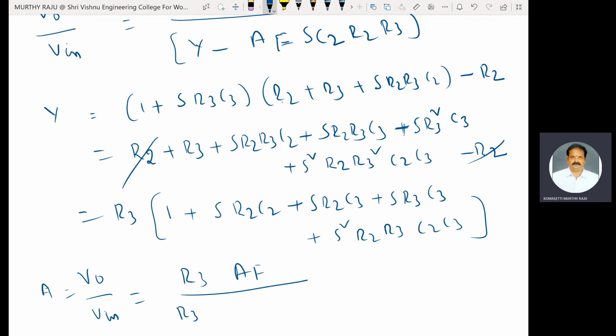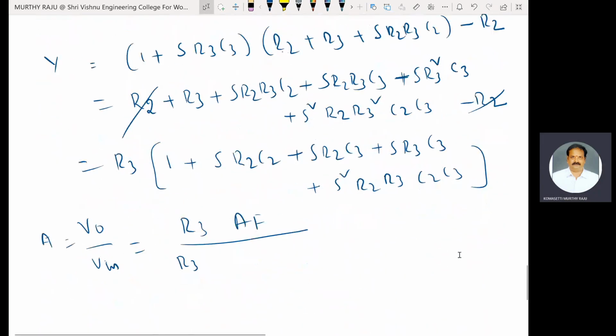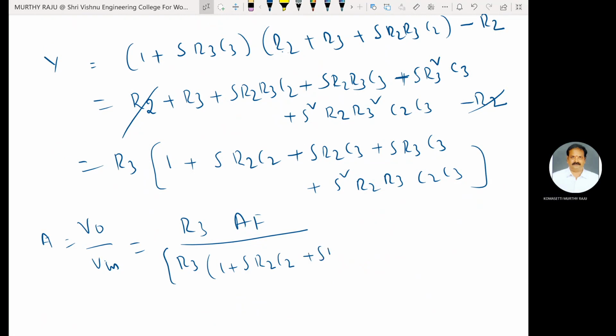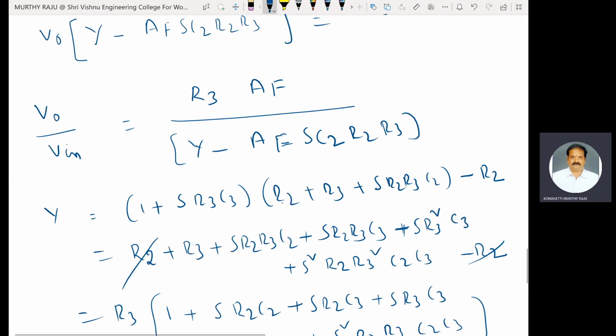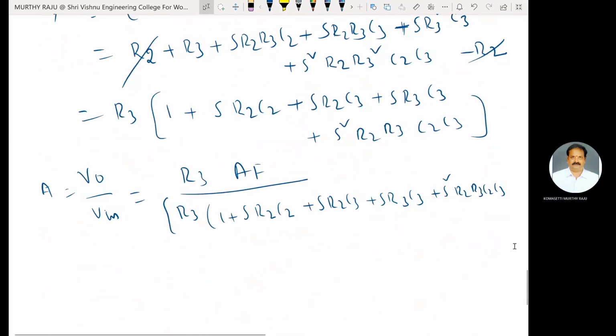Here R3 y is equal to R3 into 1 plus S R2 C2 plus S R2 C3 plus S R3 C3 plus S square R2 R3 C2 C3, minus AF S C2 R2 R3.